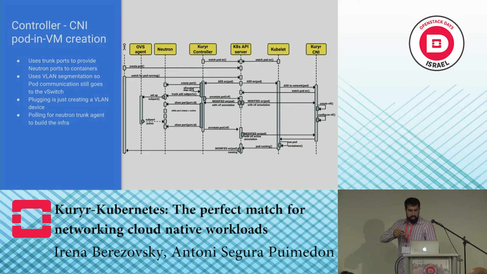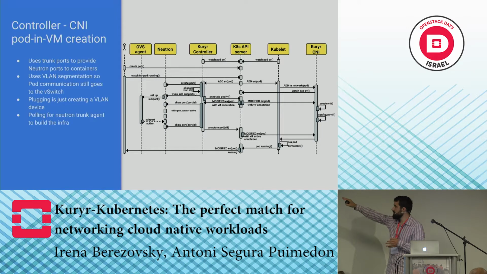So in the case that you're doing pod in VM, the question that we had earlier is how do the pods that run inside different VMs communicate? What we use is the Neutron ports, and since there is no binding to be done at the VMs anymore because in the VMs there is no OVS agent running, we just create a port.